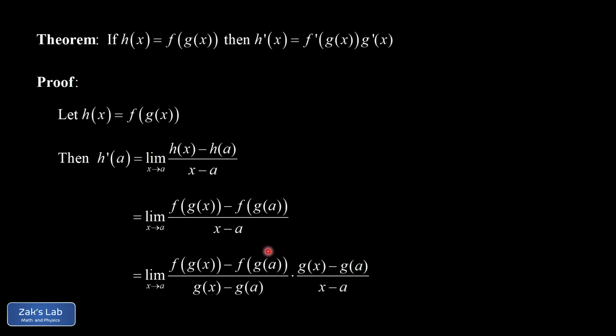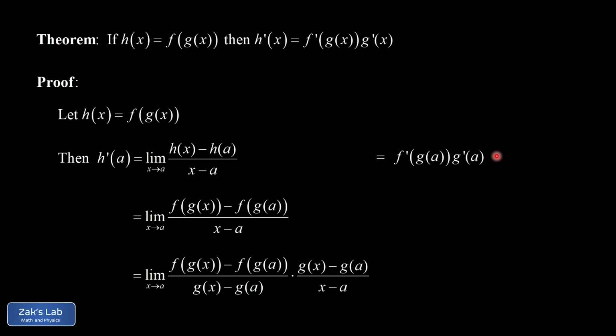So it's going to give us f prime, but in particular, it gives us f prime evaluated at this fixed constant, g of a. So that's f prime of g of a. Notice what we have in our second fraction here is precisely the definition of the derivative of g with respect to x, or g prime of a. So that's really the essence of the proof. We just found that h prime of a is f prime of g of a times g prime of a.